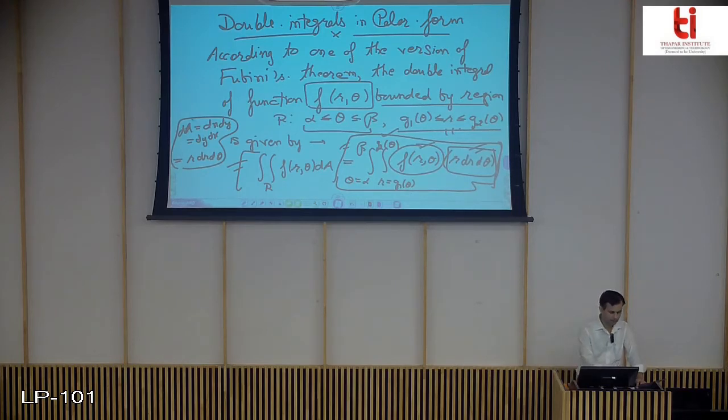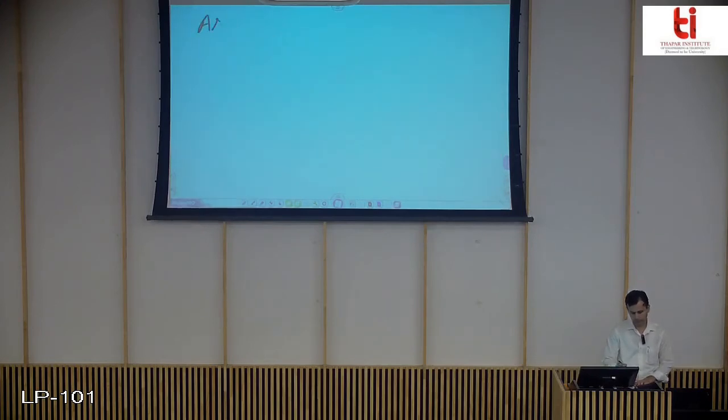To check how it has come, you can check the books where it has been given in proper detail, how when you convert Cartesian to polar, dA or dx dy changes to r dr d theta.